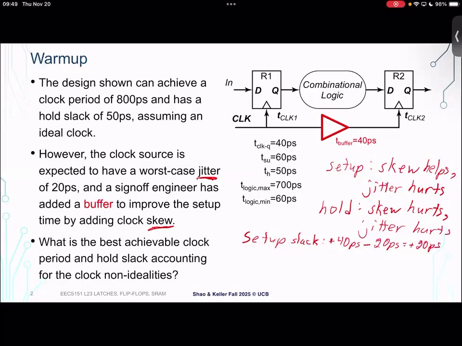Overall, the clock non-idealities are actually helping our setup time here. So the period is improved to 780 picoseconds. We got a little bit of speed-up, a little frequency boost from that useful skew.